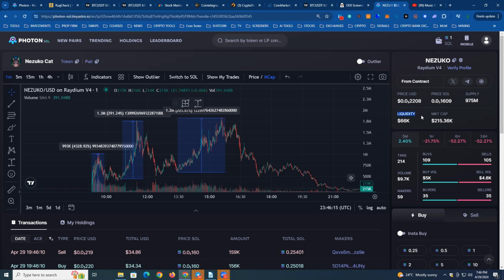So this is one of those things you want to be aware of, the amount of liquidity. This is important because if there's no liquidity in the coin, you won't be able to get out of that coin.